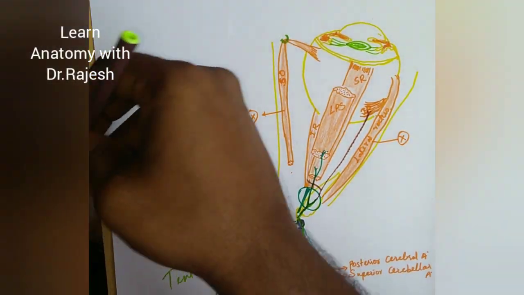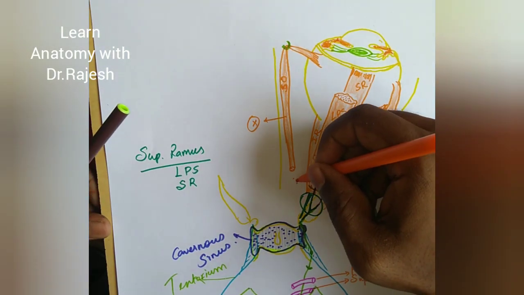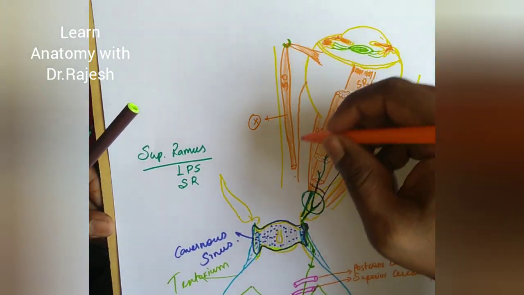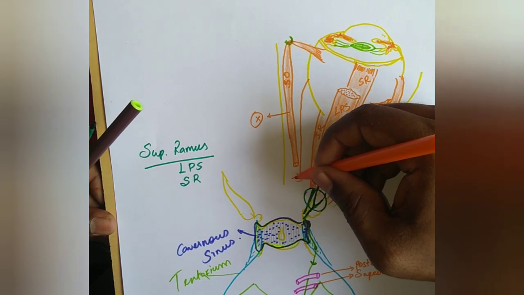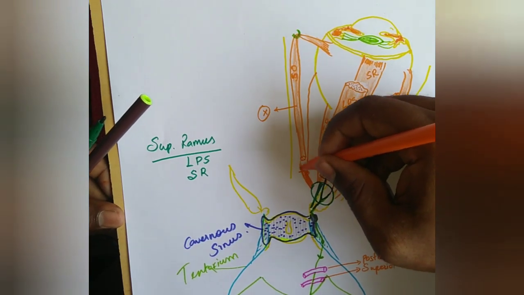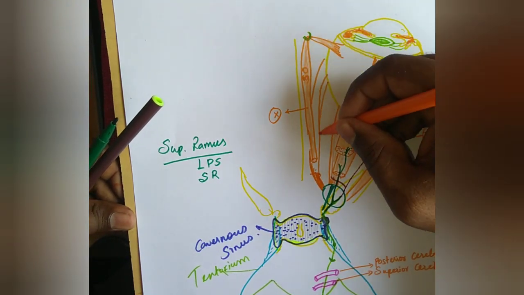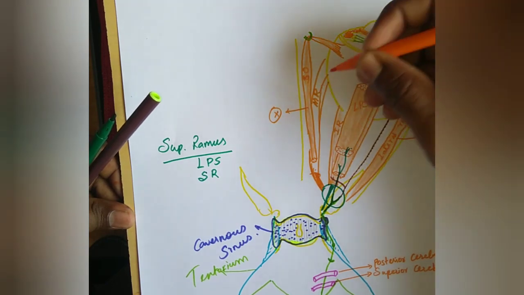I didn't draw the medial rectus here, so this is the medial rectus. I can draw it here, which is getting inserted here. This is also taking origin from the tendinous ring. This is the medial rectus.